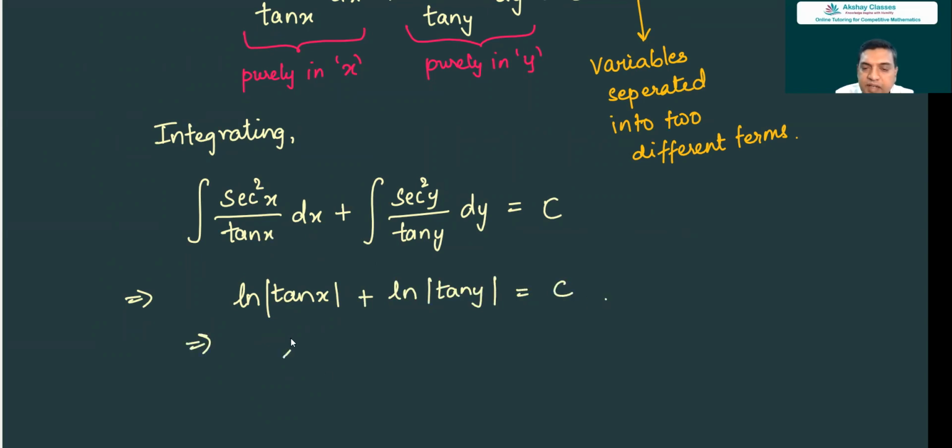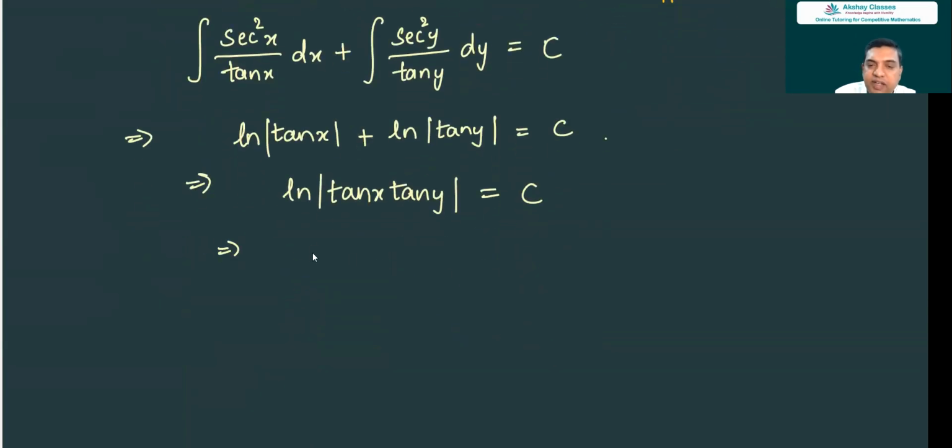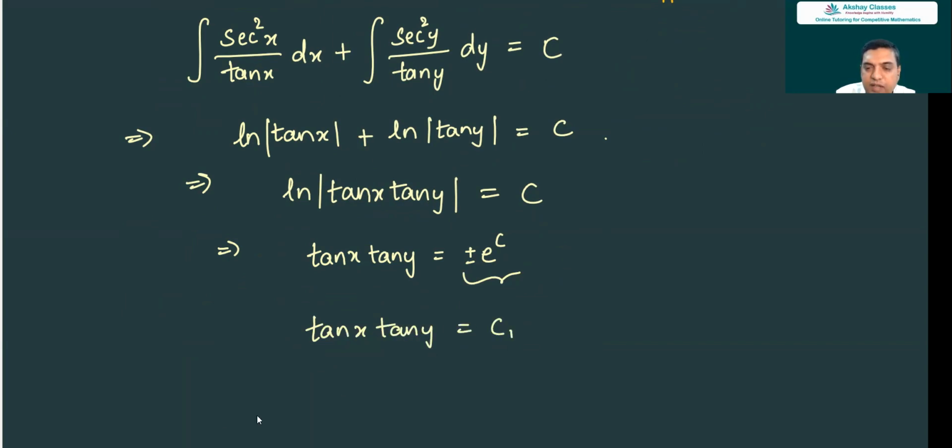So from here we get log of modulus of tan x tan y is equal to c, and we can rewrite this as tan x tan y is equal to e power c, and this plus or minus doesn't matter. Now this whole thing I can replace by a single constant. So I'll write this as tan x tan y is equal to c1. So this is the solution.